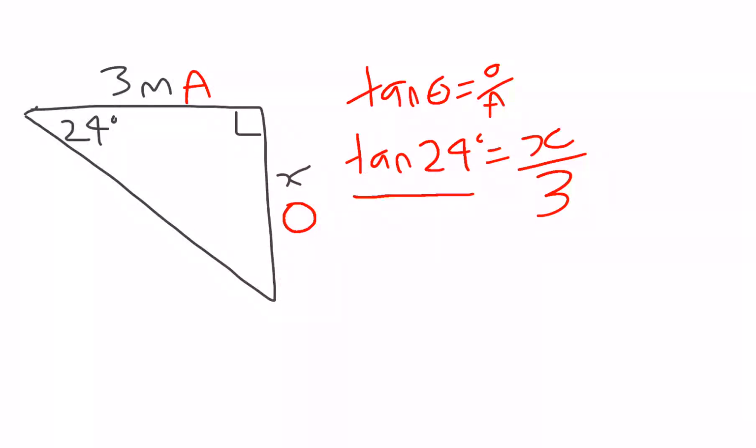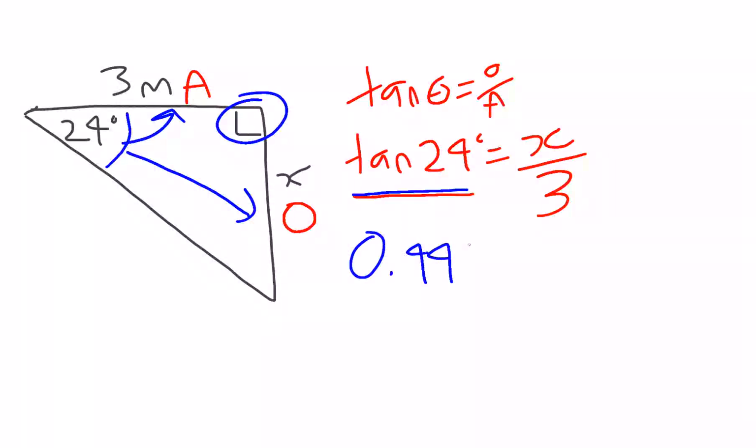If we pause for a moment and just type in tan 24 equals, that will find the value of the ratio that I'll always have in a right-angled triangle with an angle of 24 degrees when I do opposite divided by adjacent. So typing in tan of 24 means I get 0.44523. That's tan of 24 degrees. That's the ratio of tan for any right-angled triangle with 24 degrees. And that still equals x over 3.